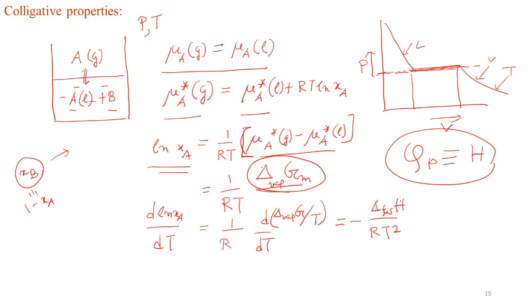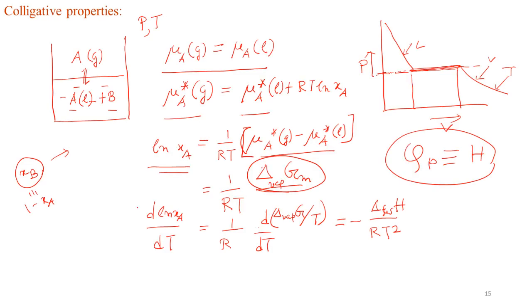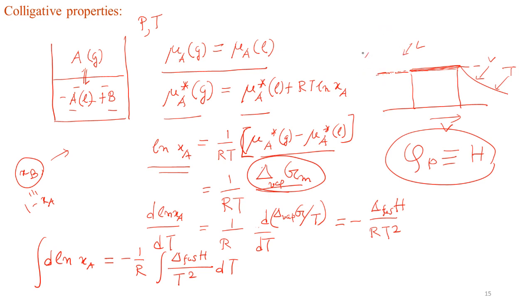Now we can integrate this equation and see how it appears. So if we integrate it, we'll take the temperature on the other side. So d ln XA integrated will be equal to minus 1 over R integral of delta fusion H divided by T squared dT. Now you can easily integrate it.